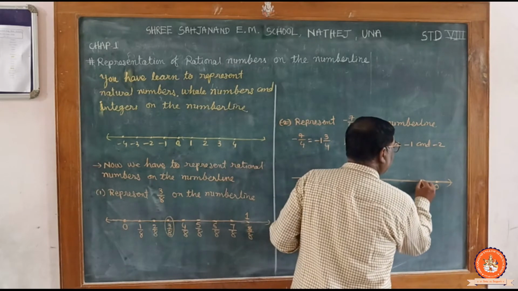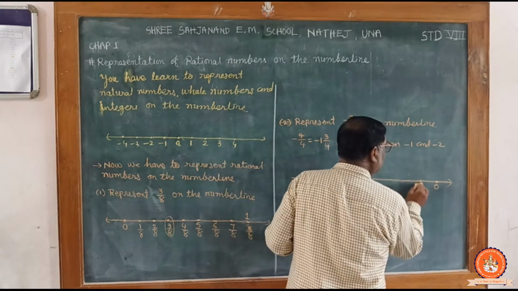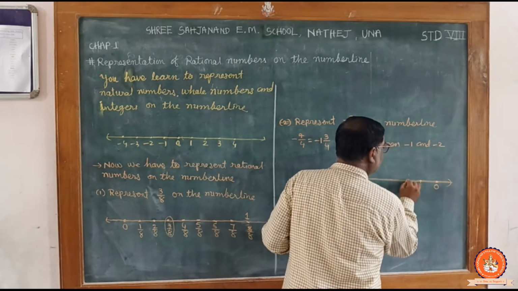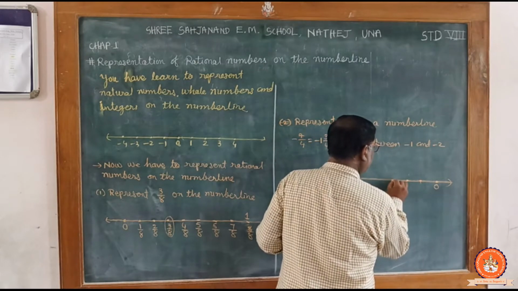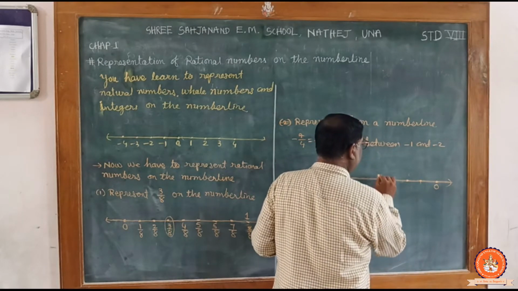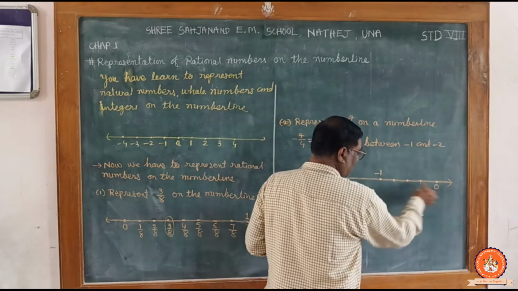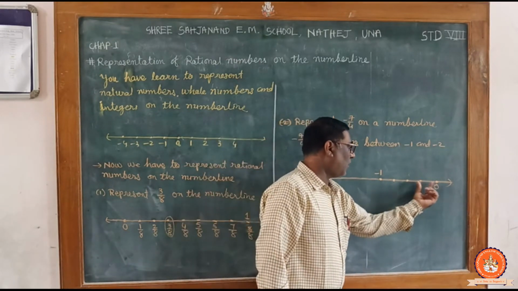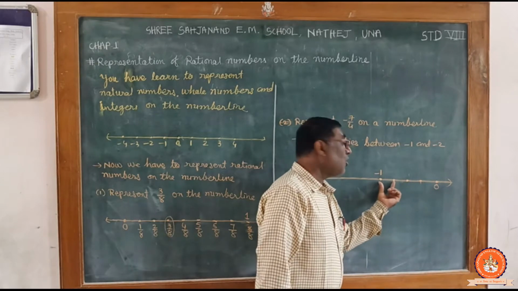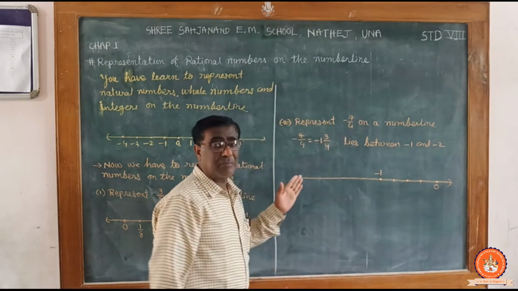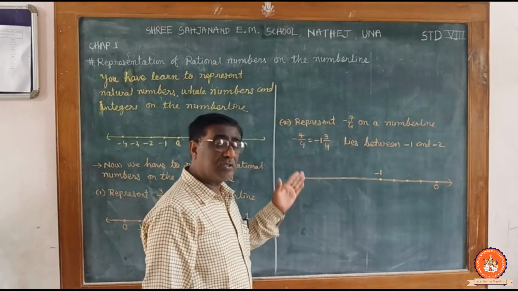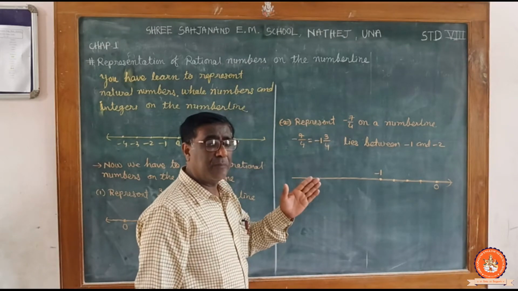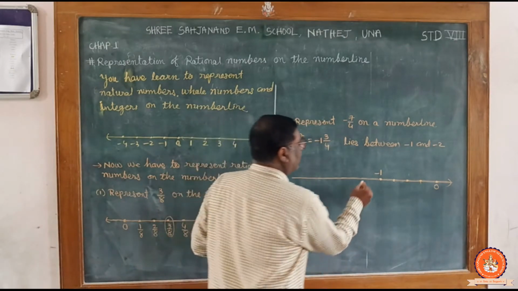It's 1, 2, 3 and 4. That will be the first unit from 0 to here. It's the first unit and divided into 4 equal parts. Also the second one, between minus 1 and minus 2, is also to be divided into 4 equal parts. Okay.